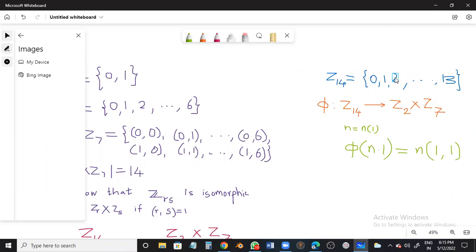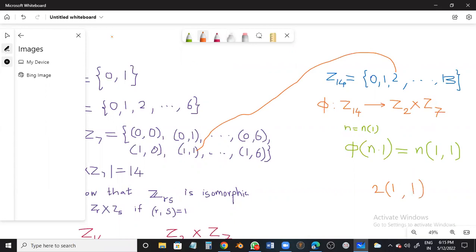Is it right? Yes, it will be twice 1. So what will be the output? Twice the pair 1 comma 1. So the image of 2 will be twice 1 comma 1.